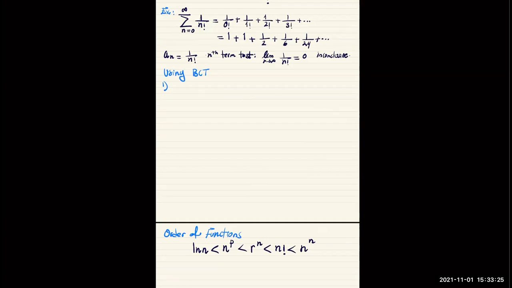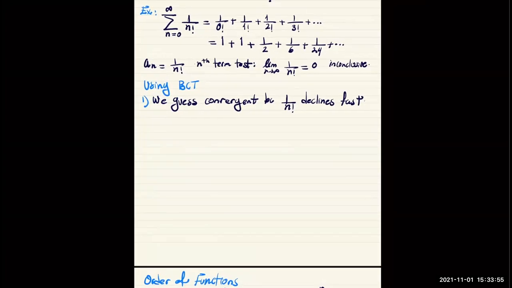So we just guess convergent, because 1 over n factorial declines fast. That's what we guess. Our guess might not work. We're going to do the proof. It might work, it might not work. But that's the reasoning.